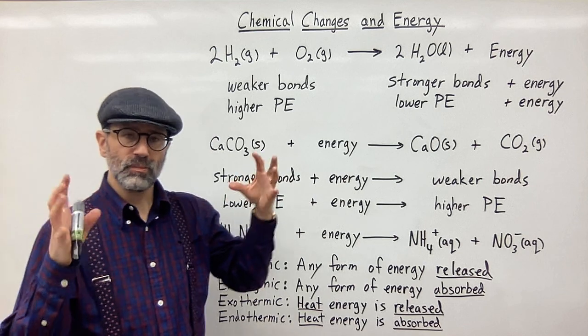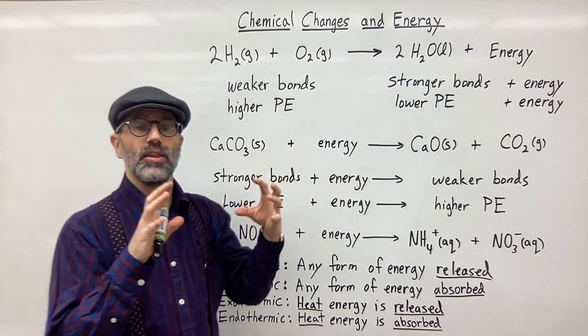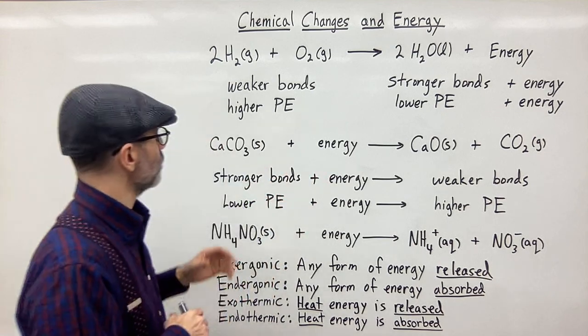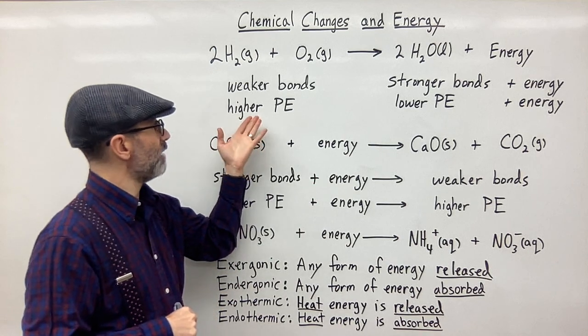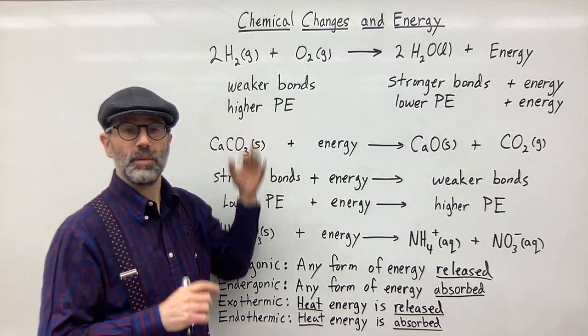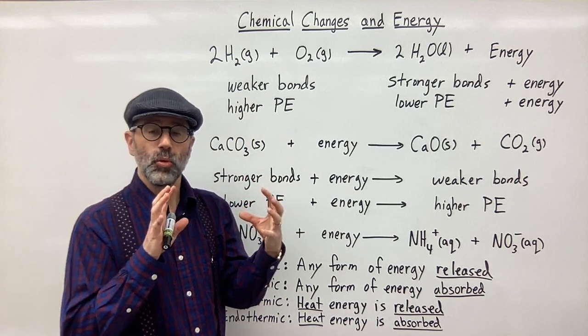The lower the potential energy, then that energy is released to go somewhere else. If I have higher potential energy, that means that the bonds are going to be weaker.